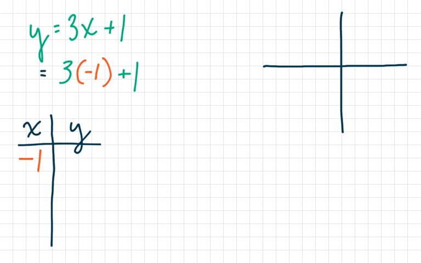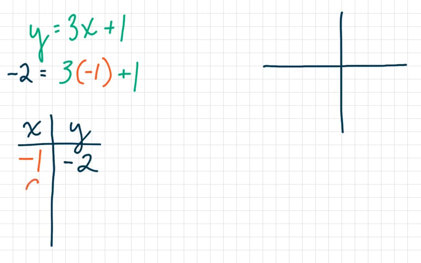When I calculate that, 3 times -1 is -3. -3 plus 1 is -2. So in this function, when my input, I plugged in a -1, my output, my y, my range, is -2.